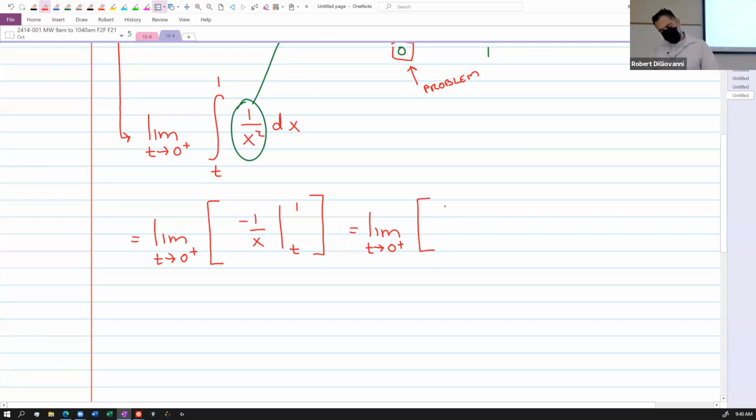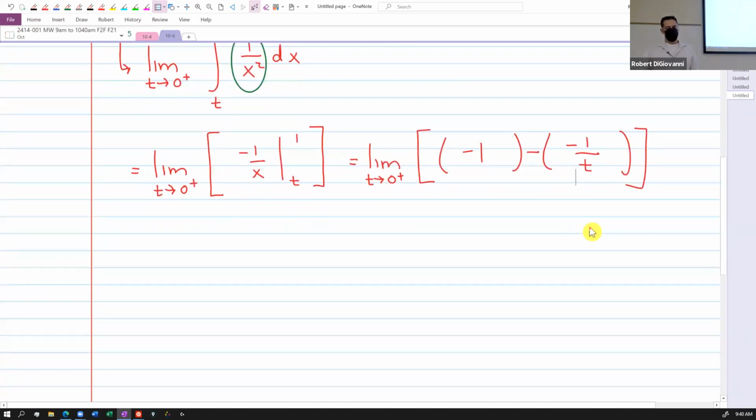If I plug in 1, I get -1, and when I plug in t, I just get -1 over t, right? And now I'm ready to let t go to 0.